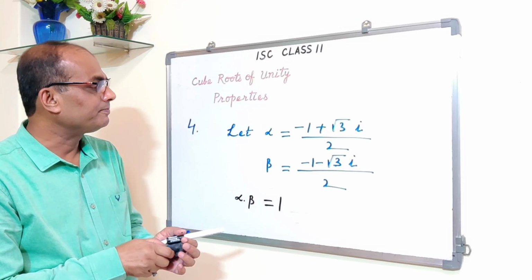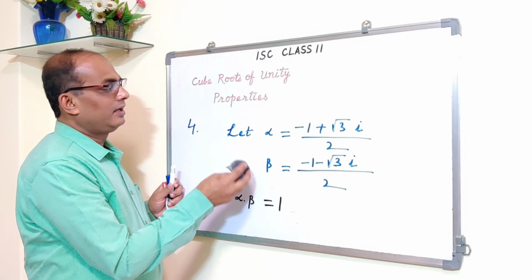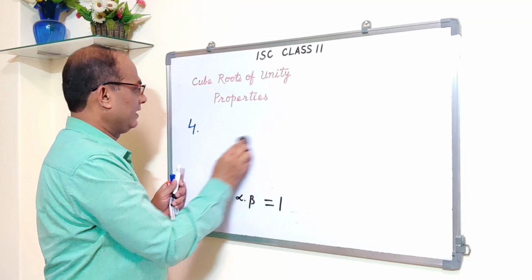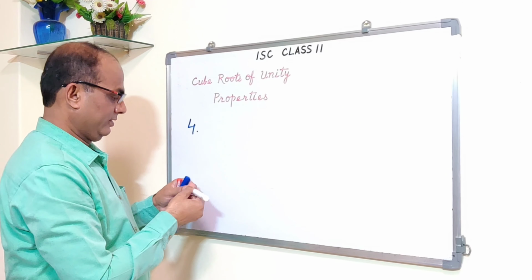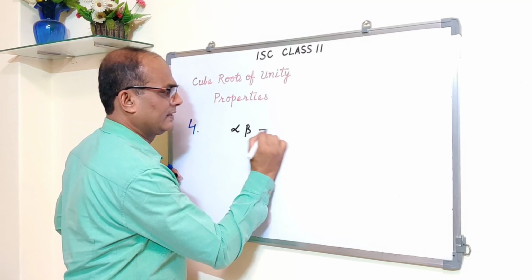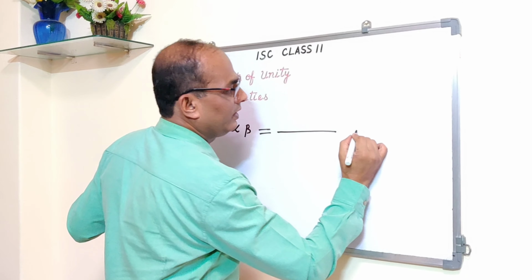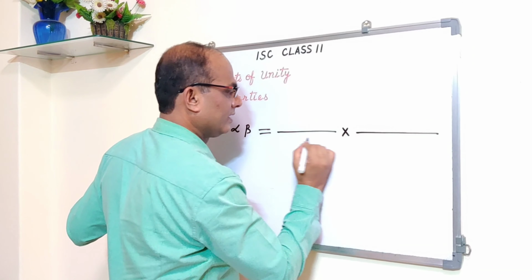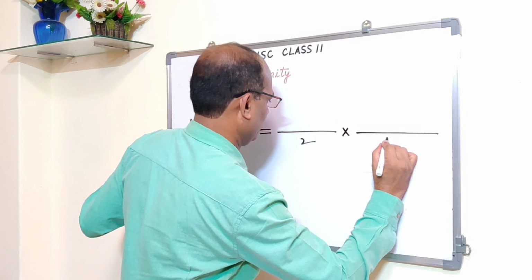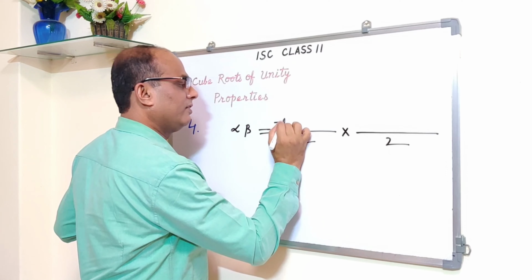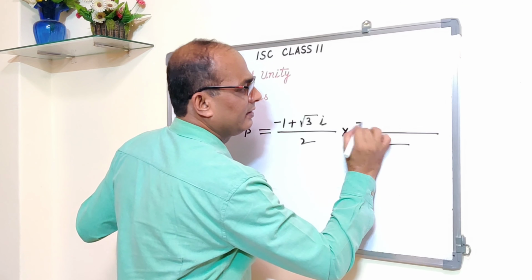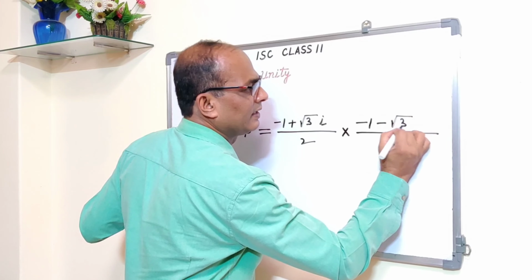Alpha into beta is equal to, alpha into beta, this is equal to minus 1 plus root 3i whole divided by 2, into minus 1 minus root 3i whole divided by 2.